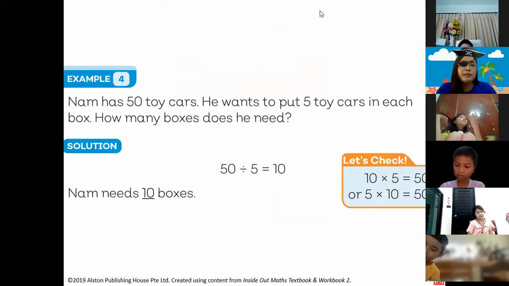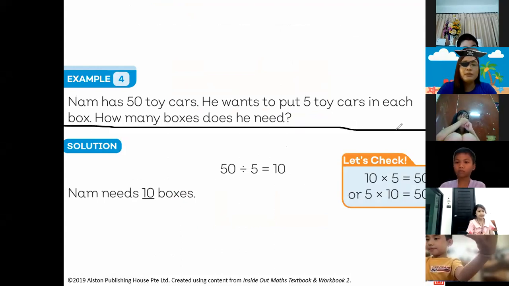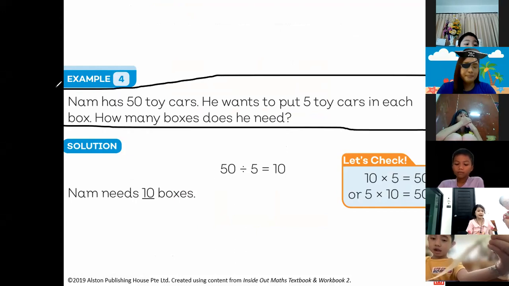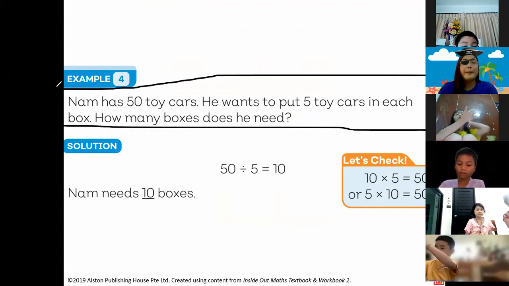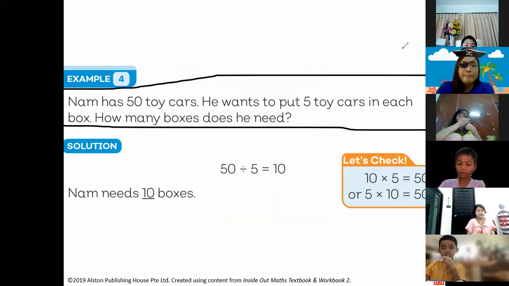Example number 4. Ashita, can you read this part? Nam has 50 toy cars.